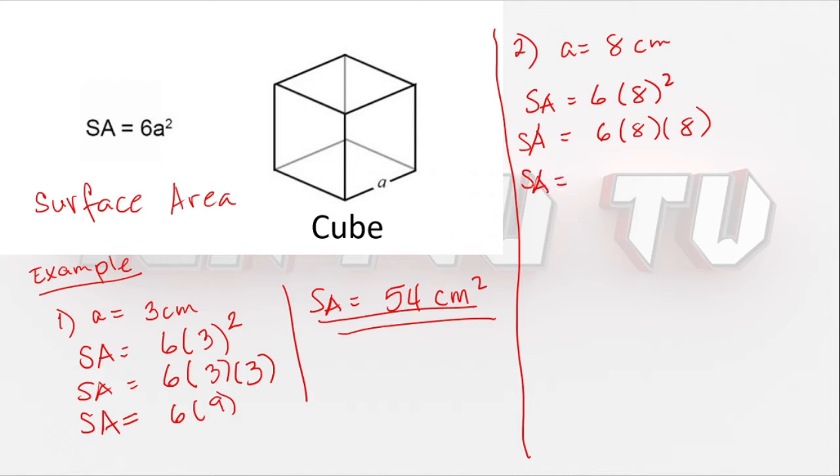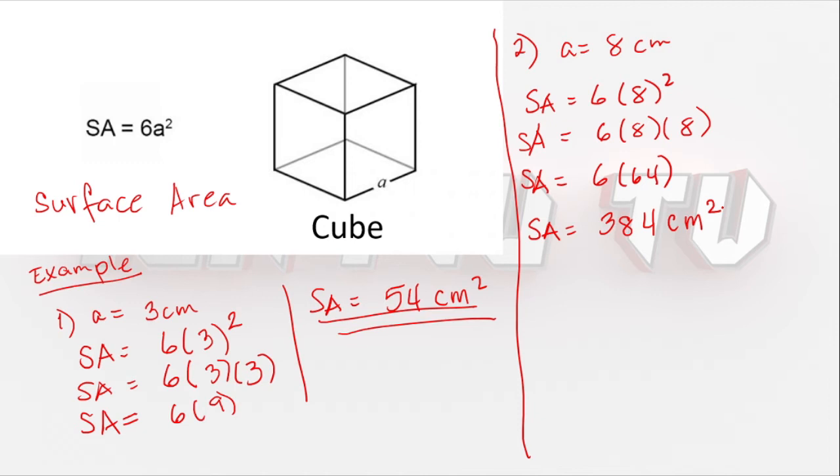SA is equal to 6 times 64. So, ang ating surface area for our example number 2 is 384 square centimeters.